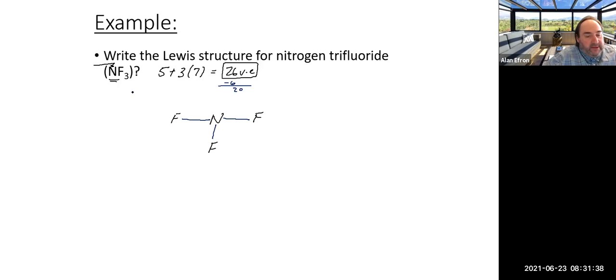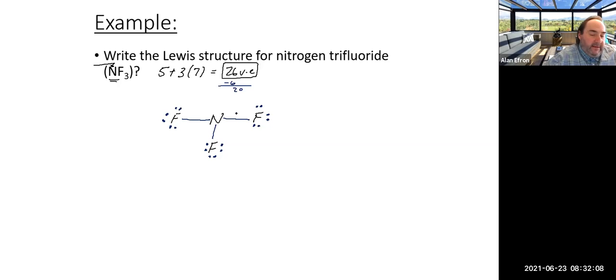These 20 electrons go on the outside atoms in pairs. So I'm going to go 2, 4, 6. That's going to fill up this one with 8. Then 8, 10, 12. That will fill this one up. 14, 16, and 18. That will fill this one up.